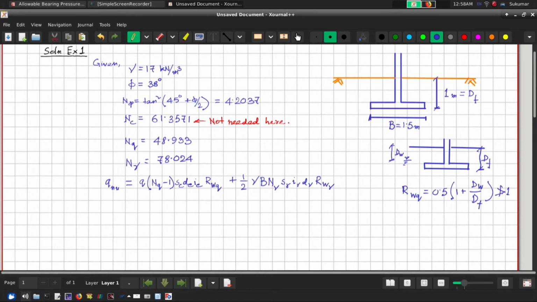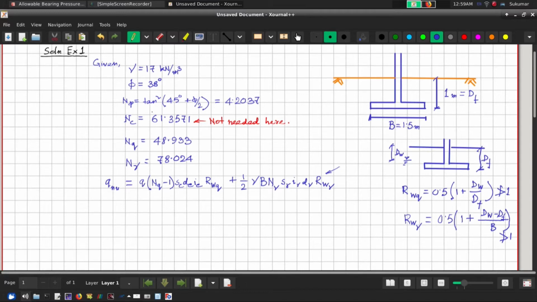Okay, and similarly, if the groundwater table is below the foundation depth but within a depth of B from the foundation level, then this term will be affected, Rw gamma, and in that case my Rw gamma will be 0.5 times (1 plus the depth of the water table from the foundation level, so I will call it dw minus df in this case, because dw will be larger than df, by B), and that again should not be greater than 1.